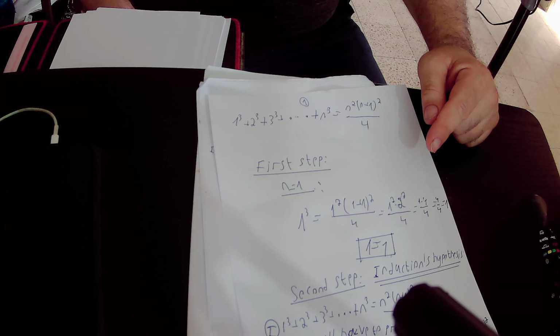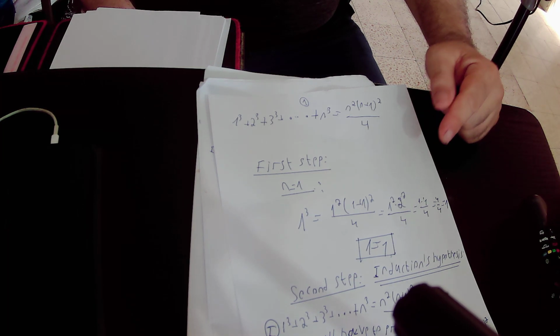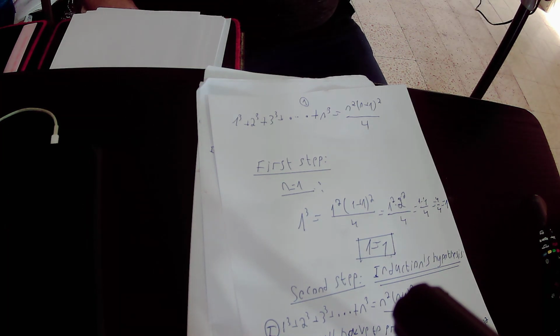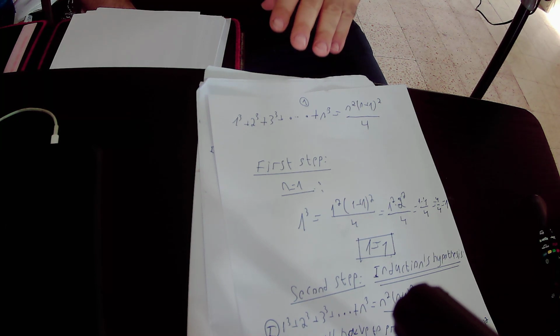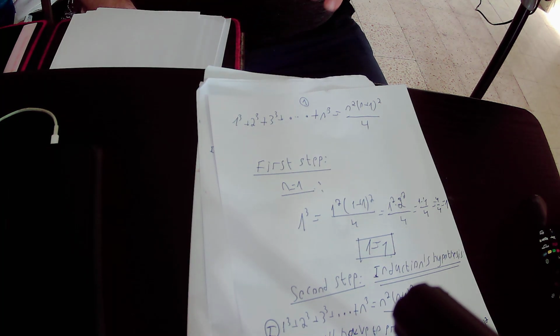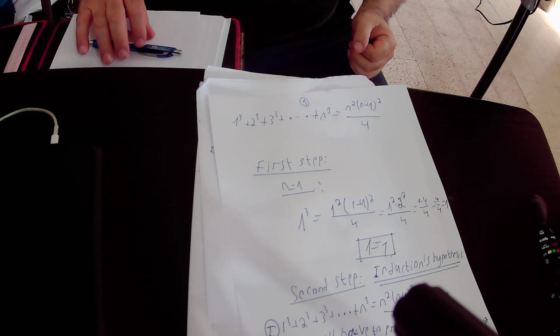So it is also true for 5. So in this way, we proved that this statement is true for all the natural numbers. Okay, that is exactly what we needed to prove. Okay, thank you very much.